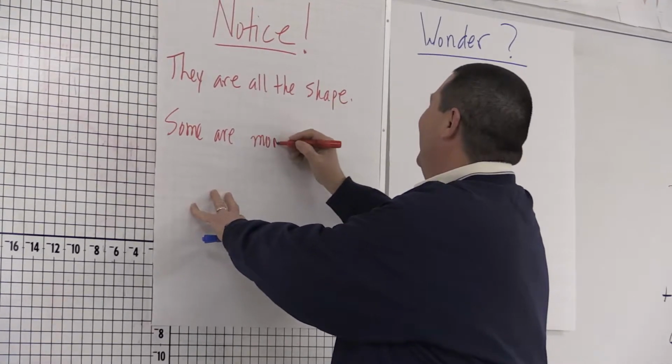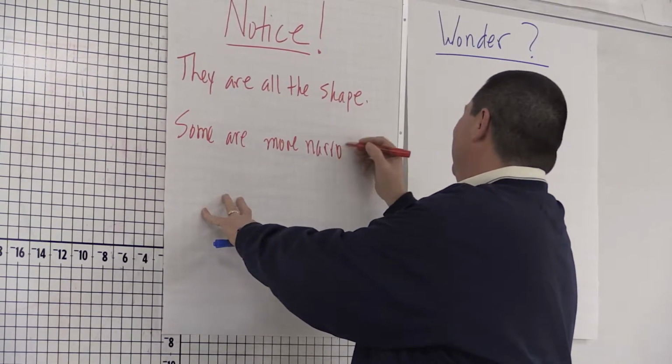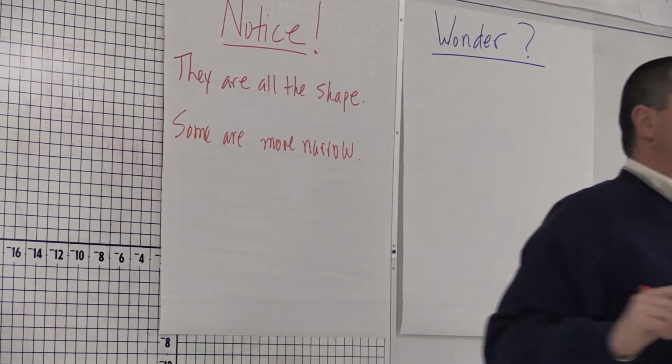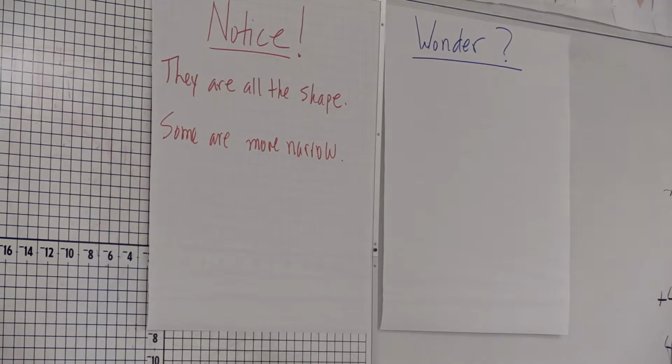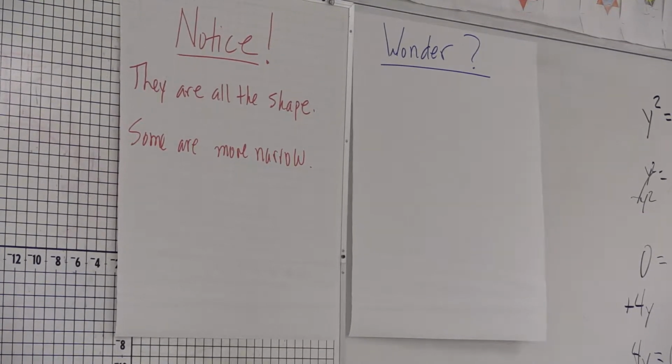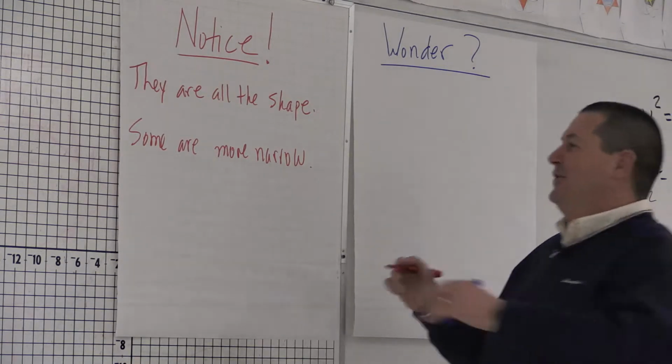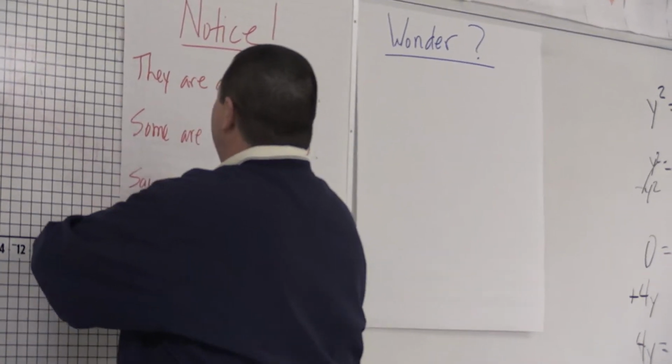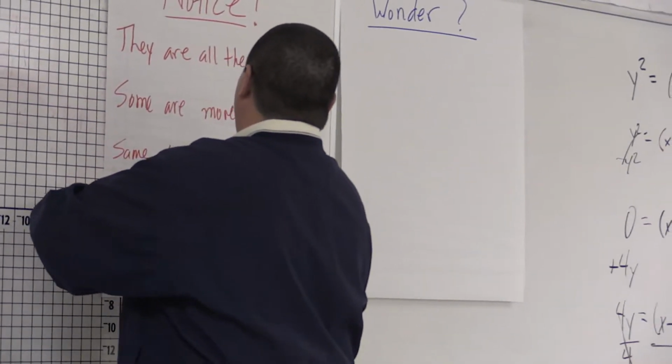Some are more narrow. Good. Got one now? Come on, Sharanda, what you got? He said they are the same distance. The same distance from the center. Okay, we need one more.